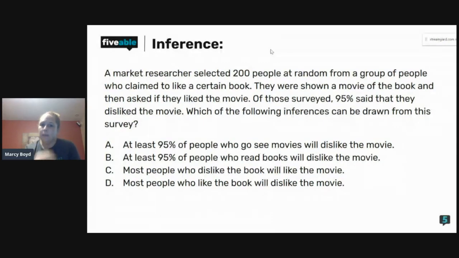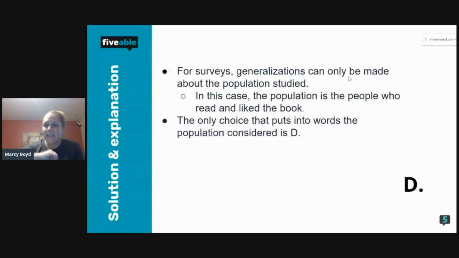So in my opinion, this really doesn't seem like a heavy math question, but it is a math question because it is testing inferences of percentages and large random samples. So they do consider that a data analysis or statistics question. So if you got D, you go.